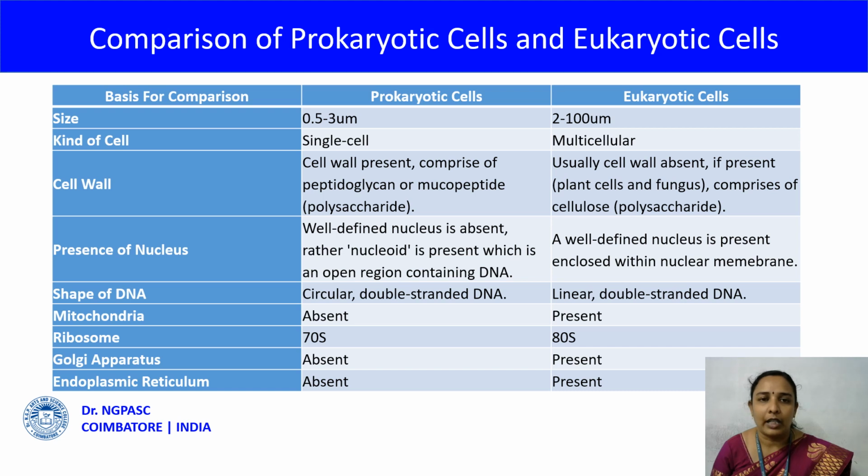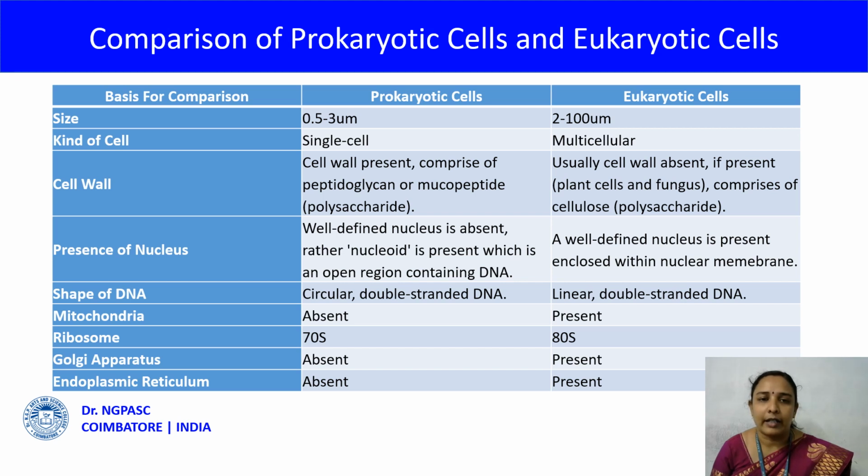In kind of cell, the prokaryotic cells are single-celled, whereas the eukaryotic cells are multicellular organisms. The cell wall is present in prokaryotic cells, comprised of peptidoglycan or mucopeptide, whereas in eukaryotic cells, the cell wall is absent. If it is present, it is comprised of cellulose, a polysaccharide.